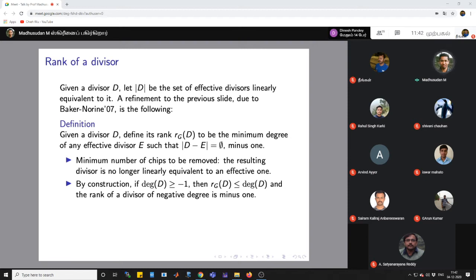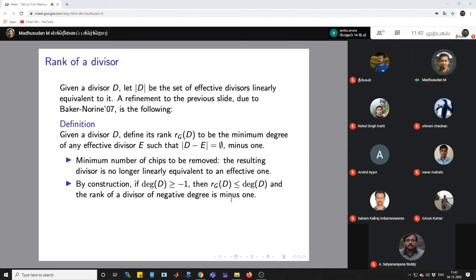Provided, I'll assume that the degree is large enough. It's not very interesting if the degree is too small, because the rank will be minus 1 anyway. So if the degree is at least minus 1, then the rank will be upper bounded by the degree. Why is this? You can always take an effective divisor E with degree equal to the degree of D plus 1.